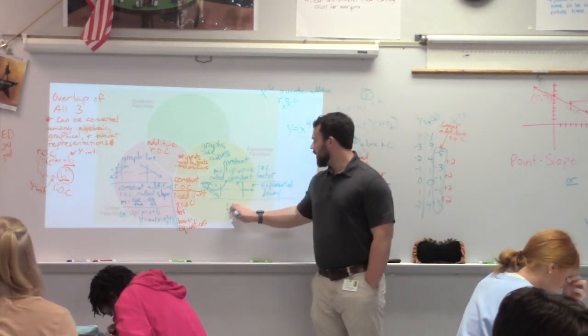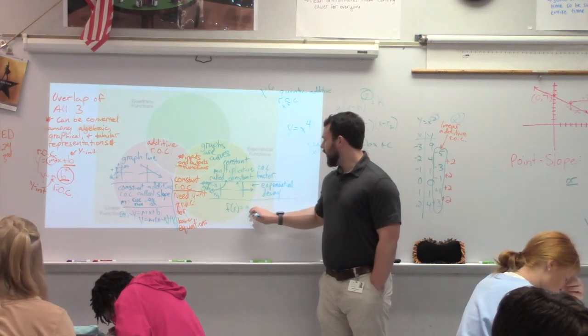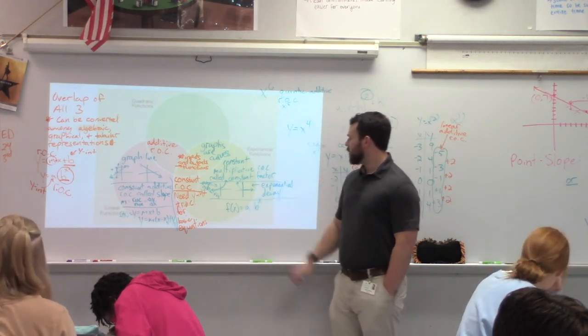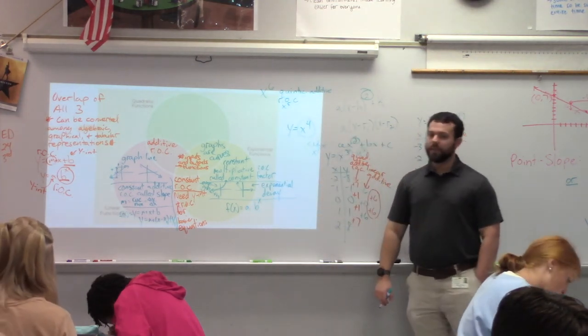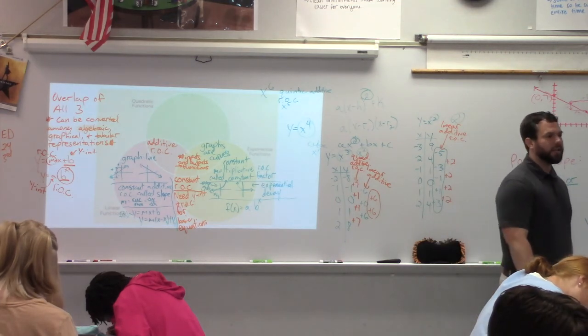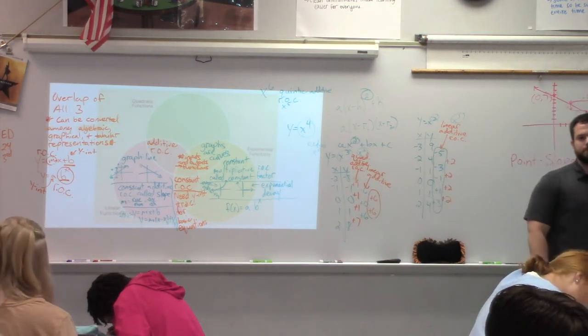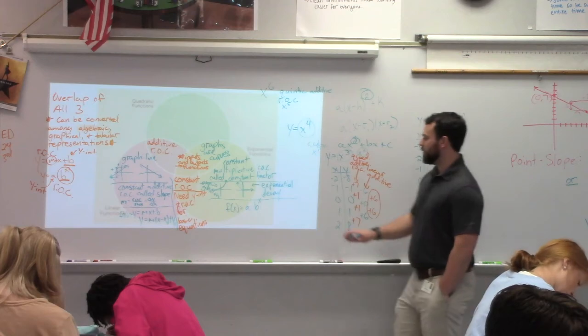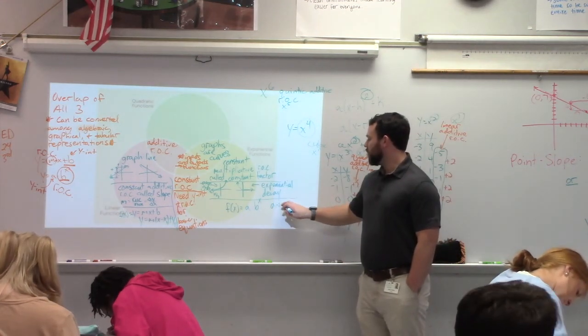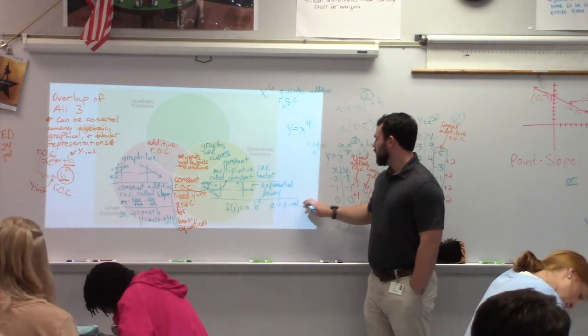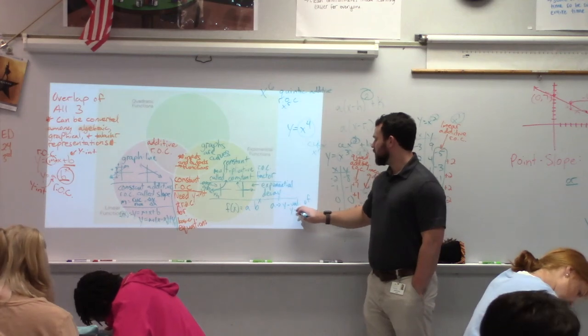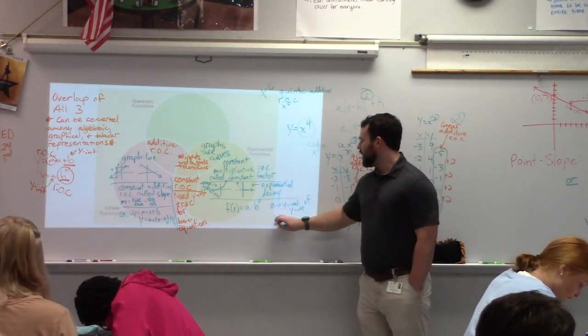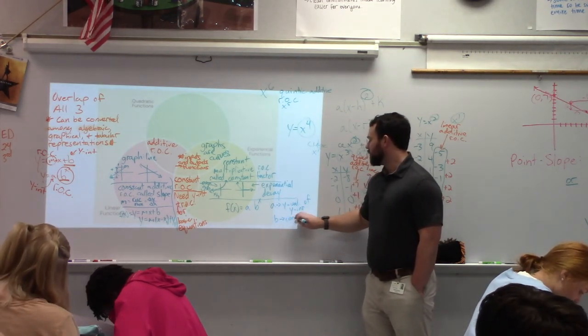You need to be careful that b is not the y-intercept this time. B is the rate of change. A, remember, is the y value of the y-intercept. B is your constant factor.